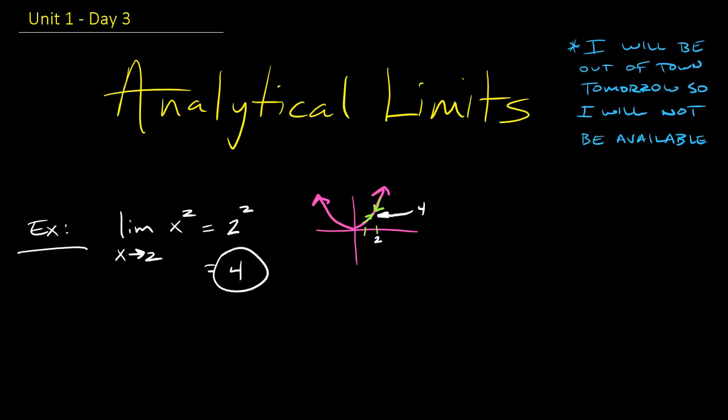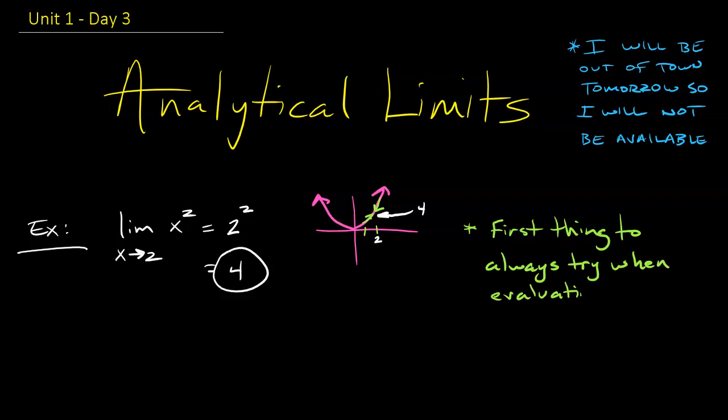So if you are trying to find an analytical limit, the first thing you are always going to try, and I'll write this down so you guys have something. First thing to always try when evaluating limits is to plug in the number.